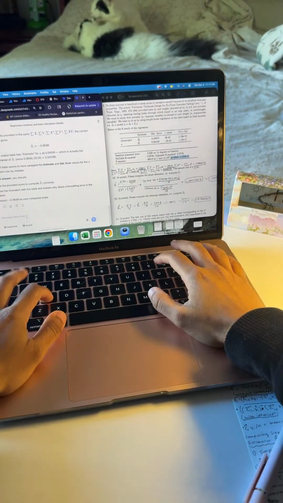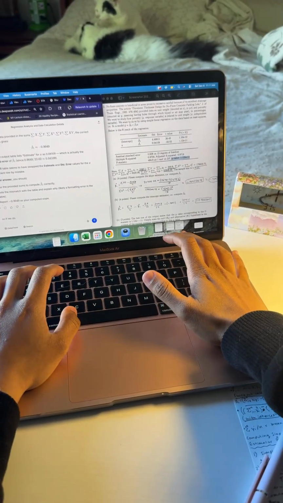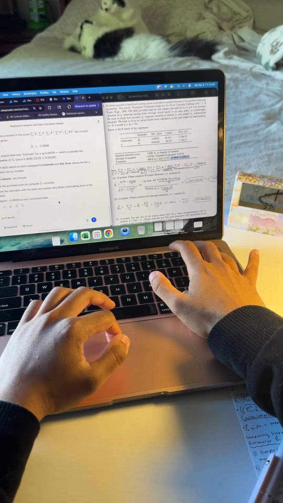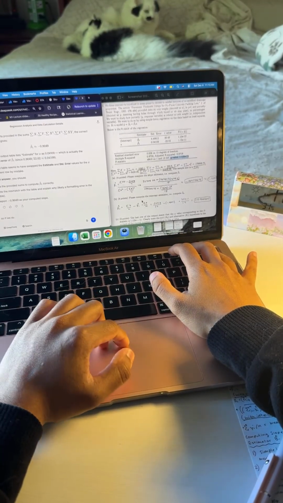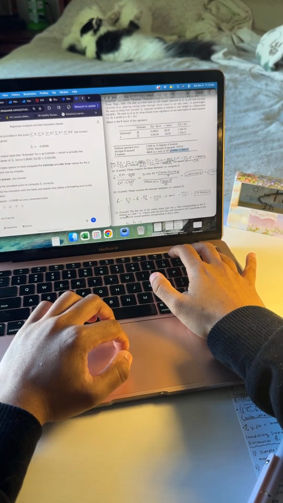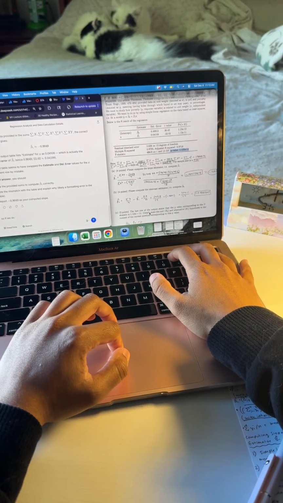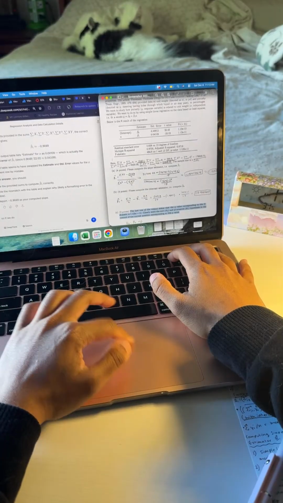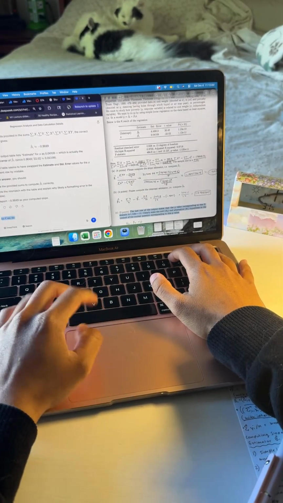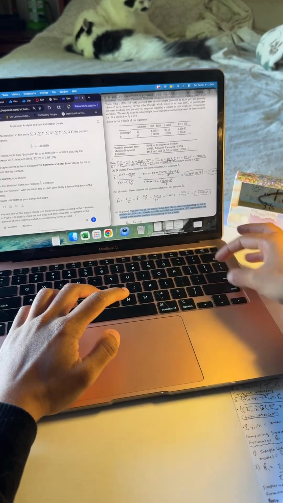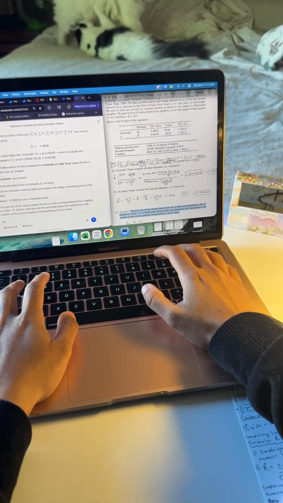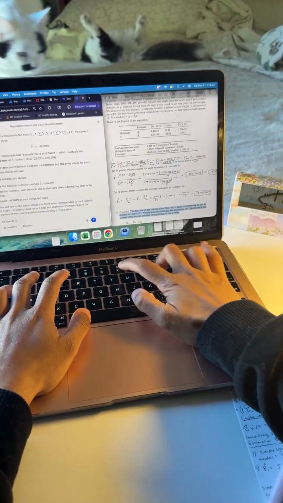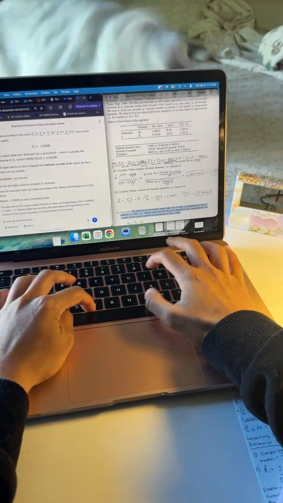Okay. So if we do a hypothesis, an F-stat hypothesis, how do you test the p-value?